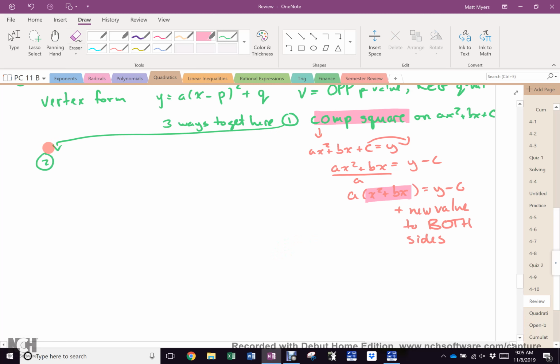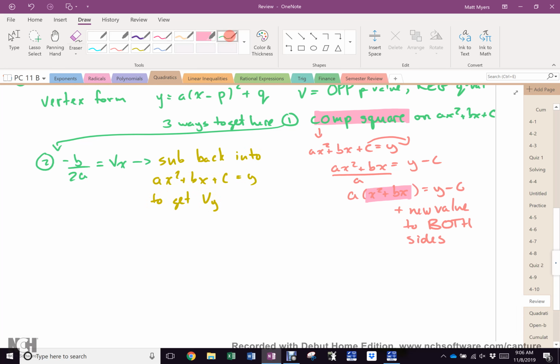Number 2, negative b over 2a equals vertex x. And what do I do with vertex x? Sub back into ax squared plus bx plus c equals y to get vertex y.